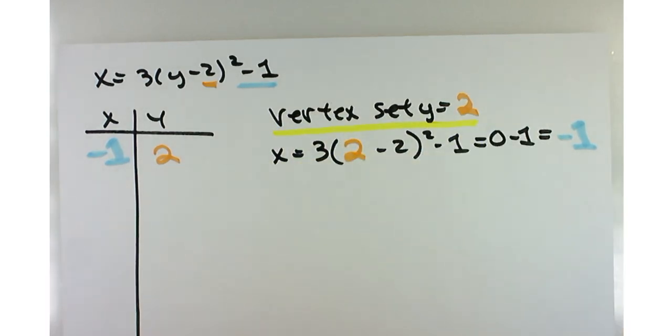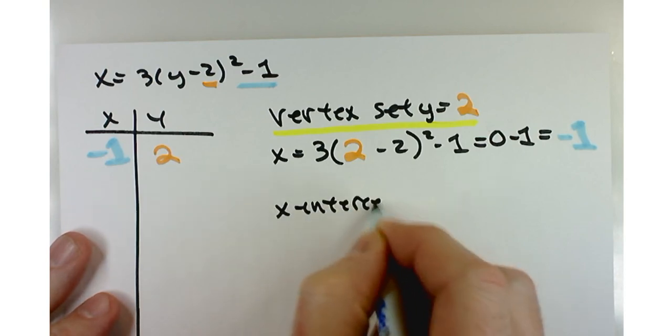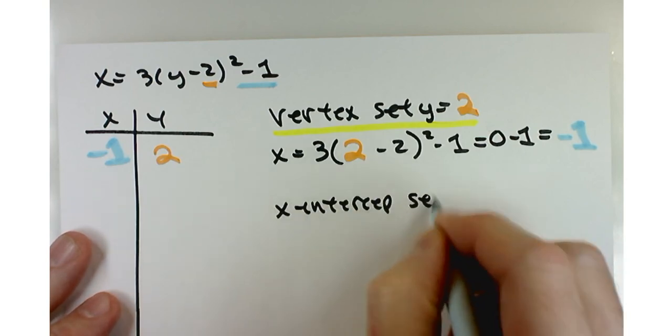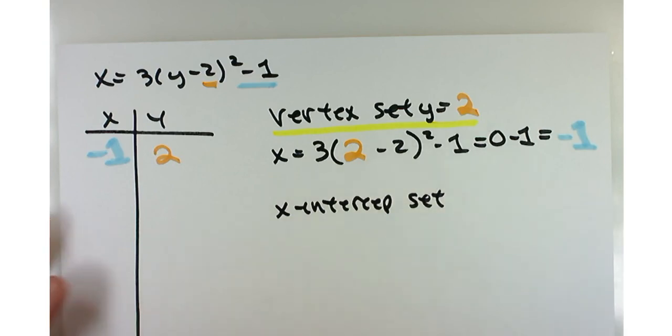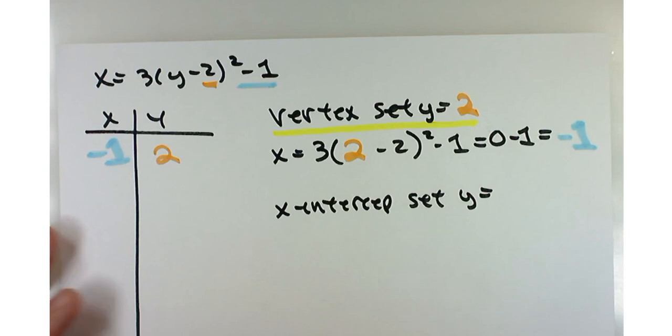Let's find the x-intercept. Colby, you're helping out with this one. What do we want to set y equal to? Good, we're going to set y equal to 0.